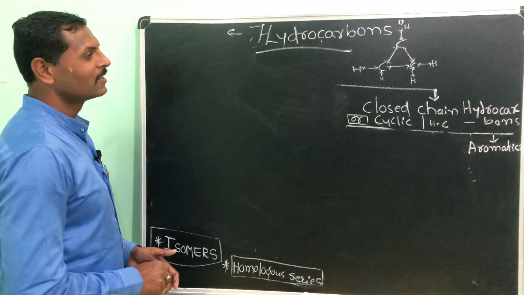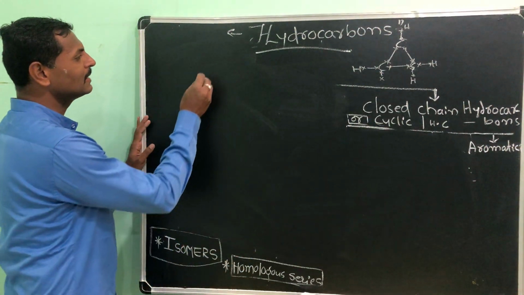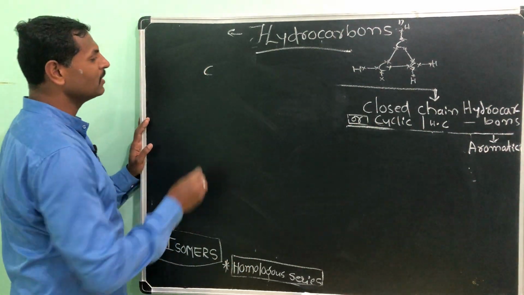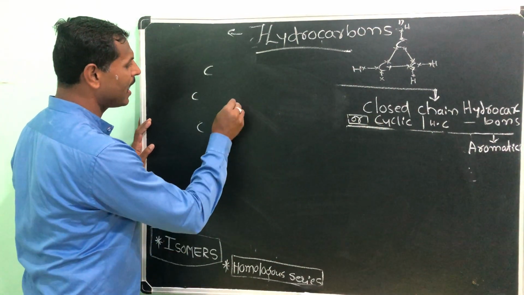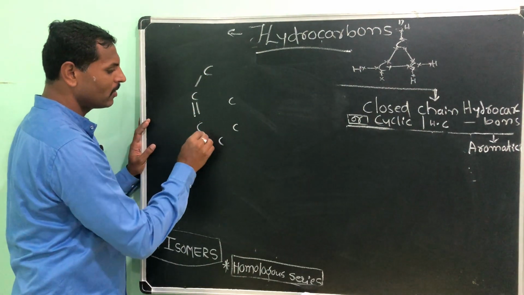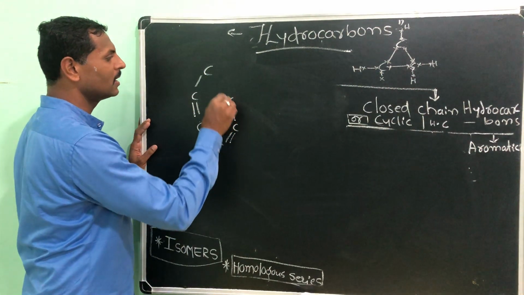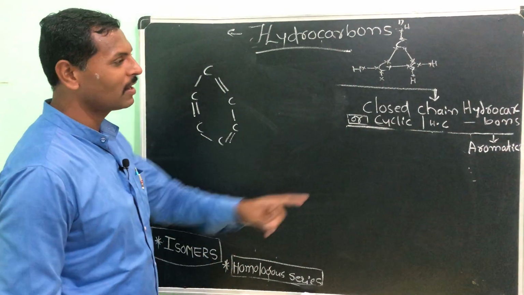Right, you are right. So in the aromatic we will take the first compound, which is made by 6 carbon atoms, 1, 2, 3, 4, 5 and 6. Single bond, double bond, single bond, double bond, single bond and double bond. This type of hydrocarbons are called aromatic.